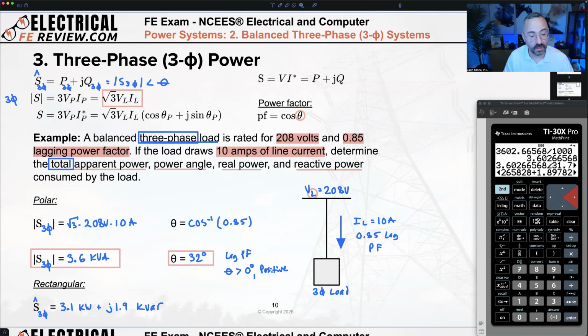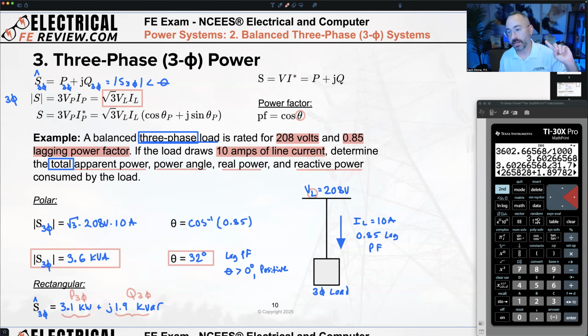It's like 3.1 times 1,000 watts, 1.9 times 1,000 vars. That's all. So here is three-phase real power, 3.1. Here is three-phase reactive power. All four of these numbers come from one complex number only.